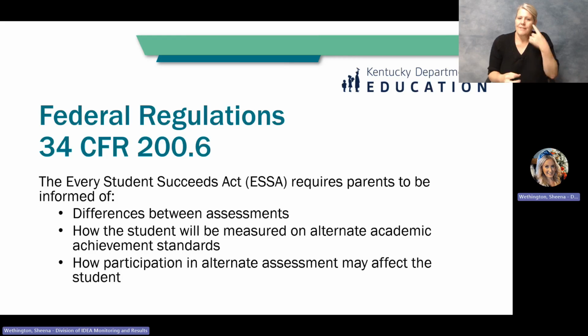Parents play a huge role in determining student eligibility for participation in the alternate assessment, and they must be informed of these differences in assessments and that their child is being measured on alternate academic achievement standards, which are less complex and in-depth of the skills than the regular academic standards. Parents also need to be aware of the possible consequences of participating in the alternate assessment and how that may affect their child achieving a regular high school diploma.